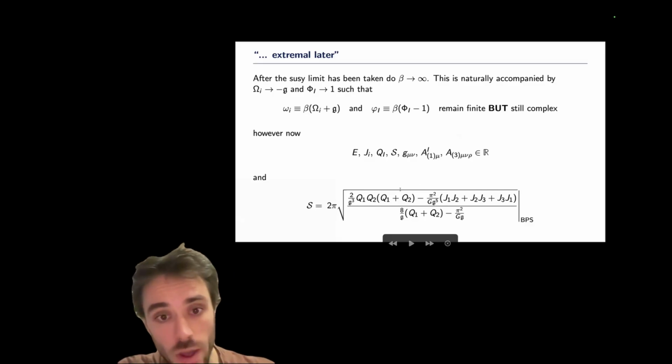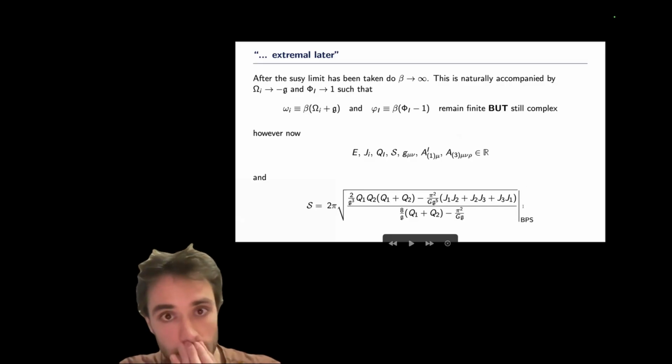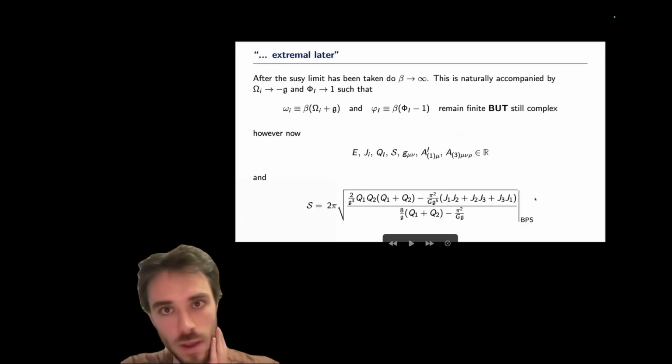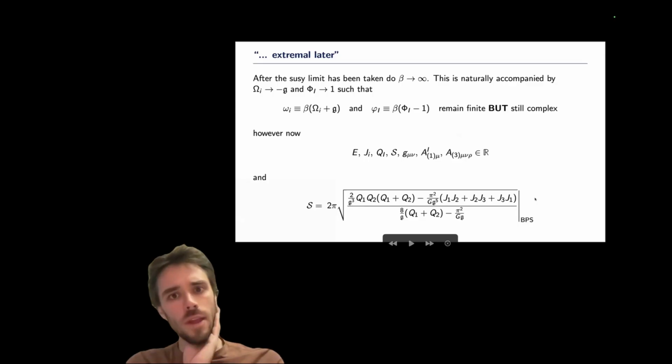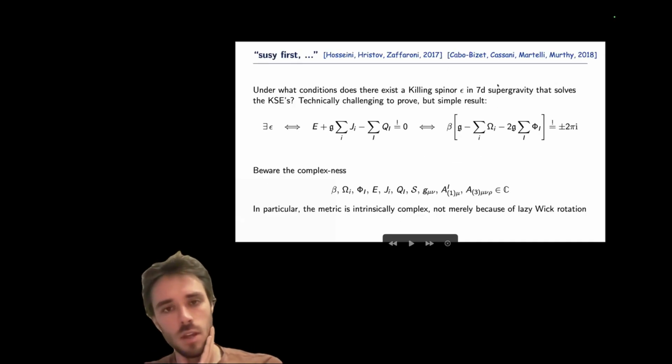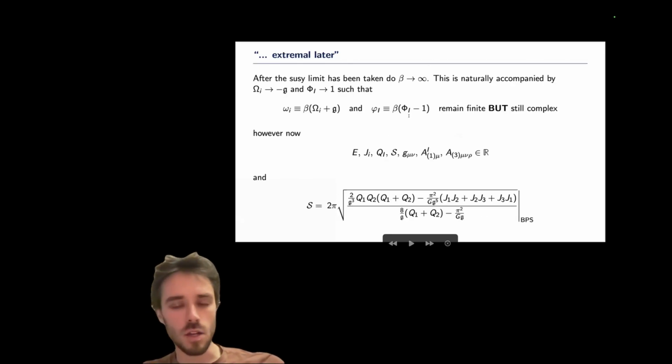There is always a square root involving the charges in some fashion, and that is your entropy at the BPS point, where BPS for me means extremal and supersymmetric simultaneously. Okay, so this story is really surfaced in 4D and 5D, and I'm repeating it here, even though there are no surprises, just because, well, I think it's a cool story and important.